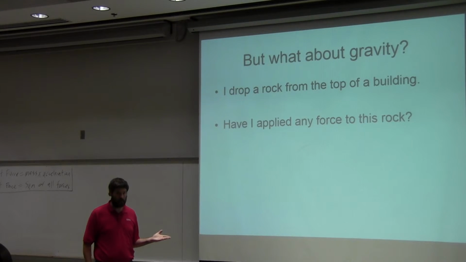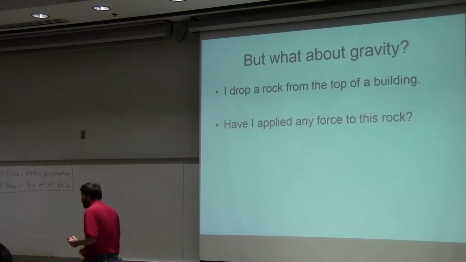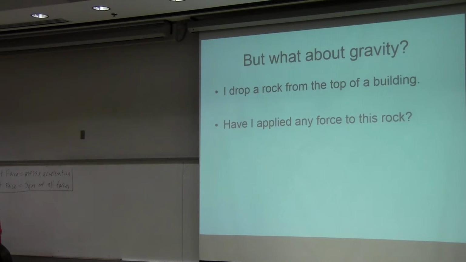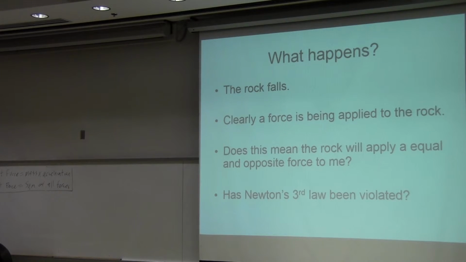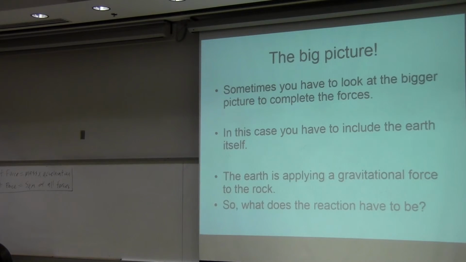Not enough for us to be able to see. So, no violation of Newton's third law. Sometimes you have to look at the bigger picture to see everything being encompassed. I think that covers that slide pretty well.